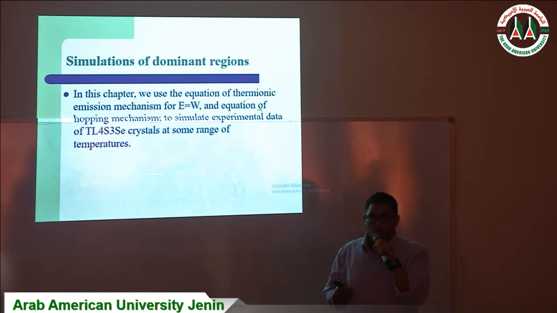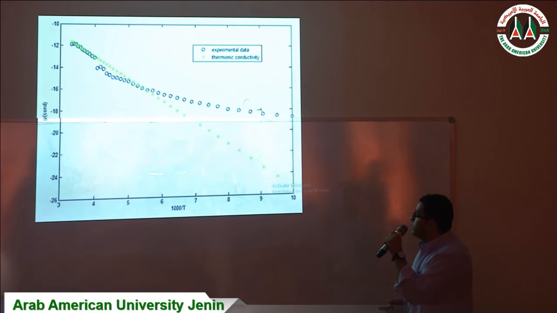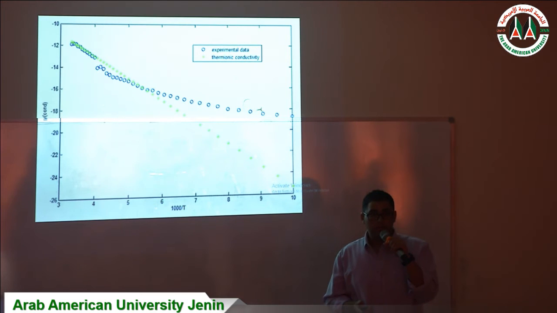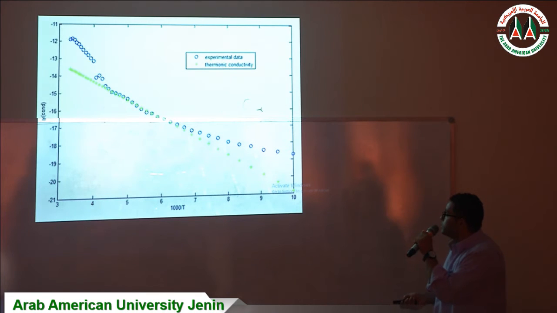In an attempt to investigate the problem, we try to figure out the consistency between experimental data and simulated data of electrical conductivity in TlIn4S3 crystal. Therefore, we plot the natural logarithm of conductivity versus 1000 over T for both experimental and simulated data, and the consistency between the two curves occurred at a high range of temperatures. But there is no consistency at the middle range of temperatures.